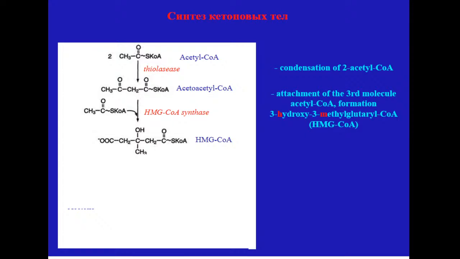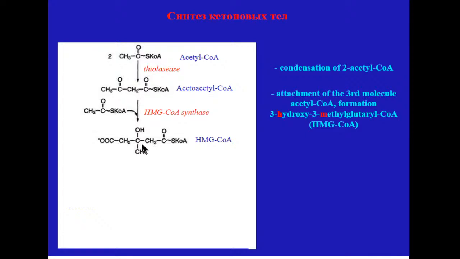It's a residue of glutaric acid, a dicarboxylic acid, which contains 5 atoms of carbon. This is a carboxylic group, dicarboxylic acid, 1, 2, 3, 4, 5. Glutaric acid, glutarate. We know glutaric acid from the citric acid cycle. So here we have glutaric acid with 2 substitutions in the third atom, which can also be named the beta atom.